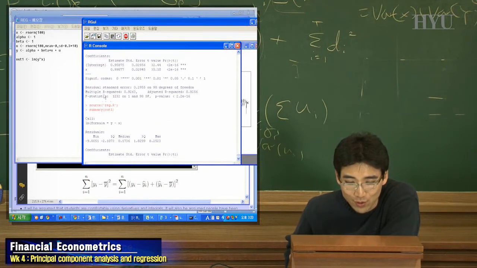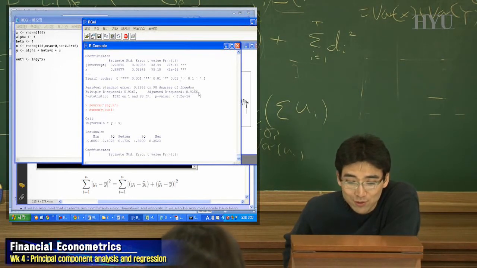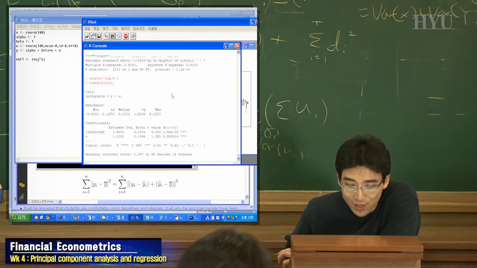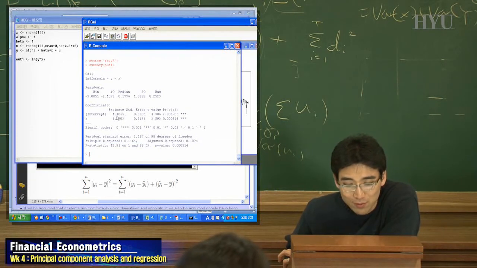In this case, R squared is like 0.92. I'll explain R squared again. R squared is called goodness of fit. It was high, but now R squared is much lower. Okay, but still we have significance.